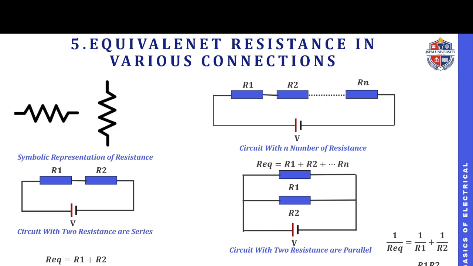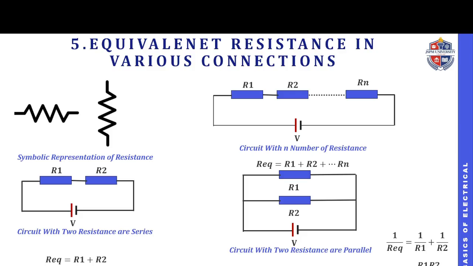If both resistances are connected in series, R equivalent equals 2 plus 3, that is 5. If the two resistances are connected in parallel, R1 R2 divided by R1 plus R2, that means 2 into 3 divided by 2 plus 3, that is 6 divided by 5. We will get approximately 1 ohm. So parallel connection reduces the resistance, and series connection increases the resistance, right?